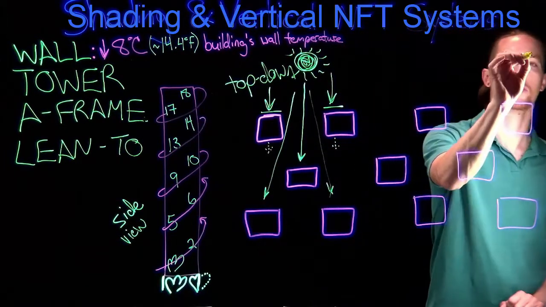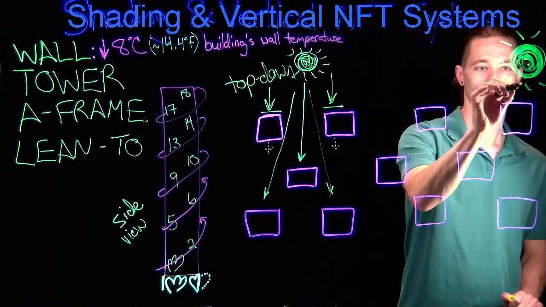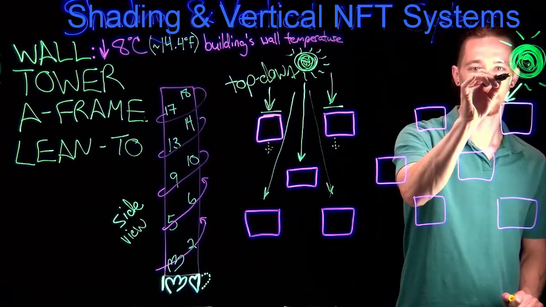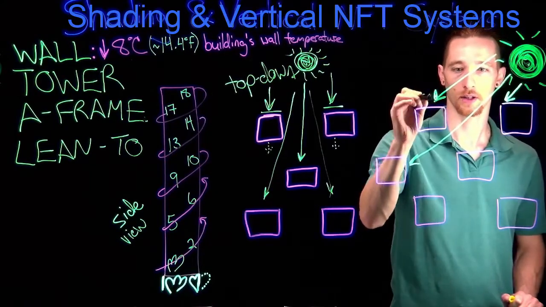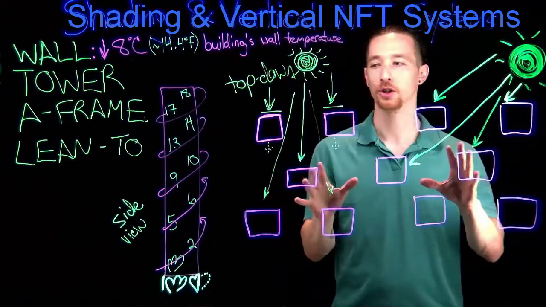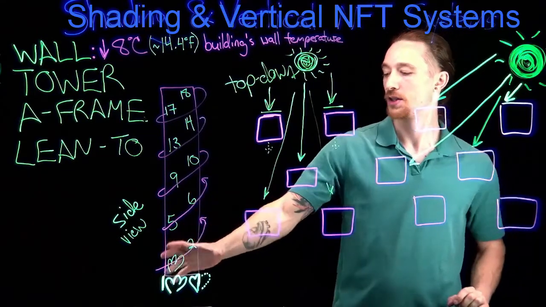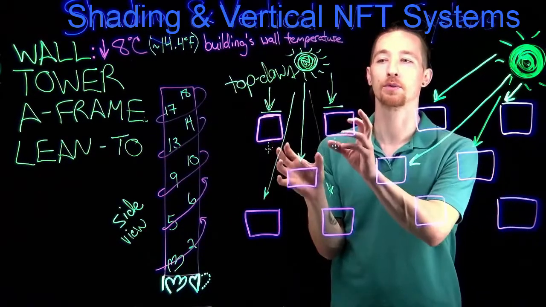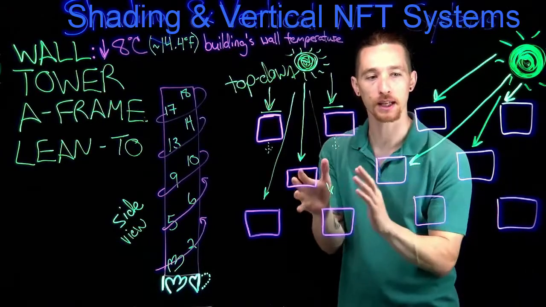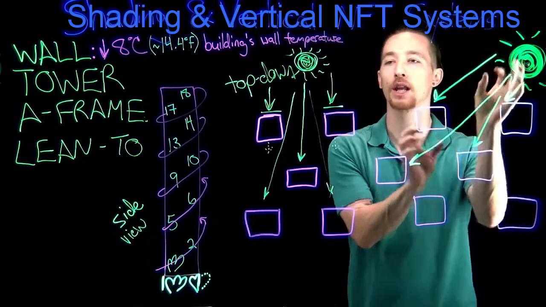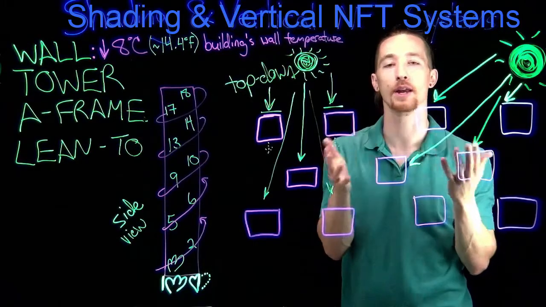Or let's say, if the sun was at a bit more of an angle, we'd still get light hitting this tower, light coming through, hitting this tower, light hitting this tower. So we've really opened up our possibility to have the same number of plants on a smaller footprint and then replicate that, be able to stack them a bit more deeply, since these towers are letting light through in a way that a wall never could.